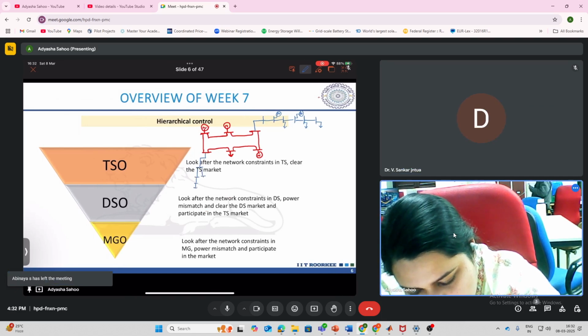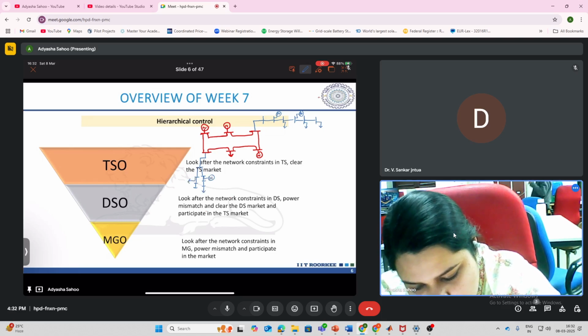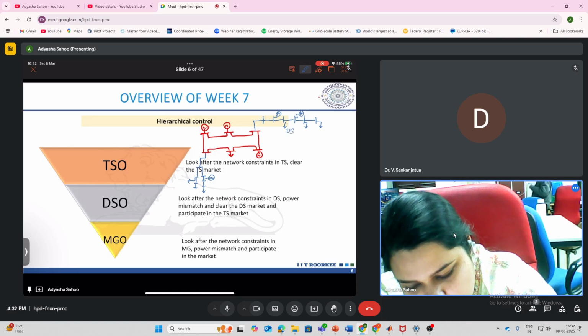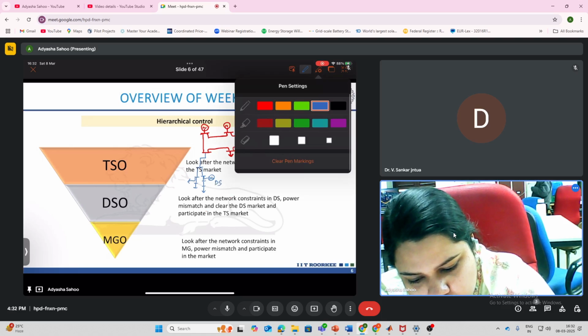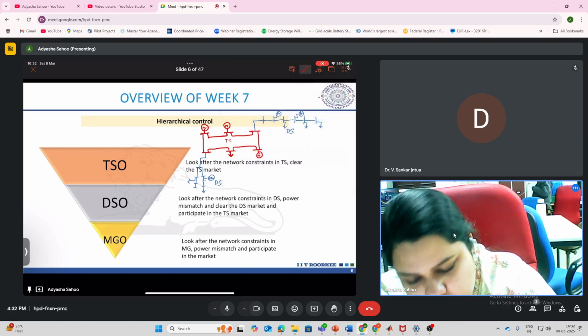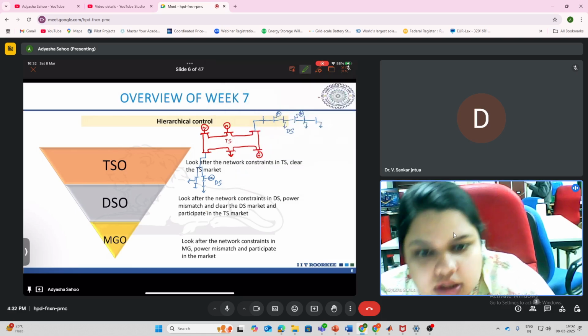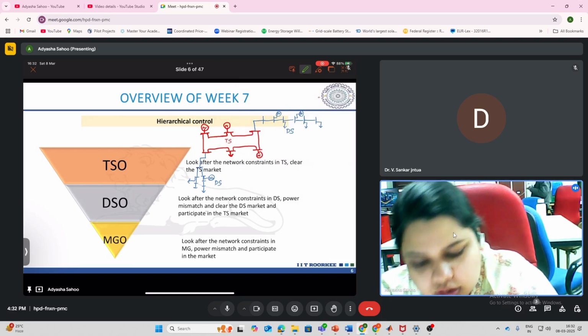Here also you will have its own distributed generators. Now, this is a distribution system, and this is the transmission system. Now within this distribution system, you will have your microgrids also.